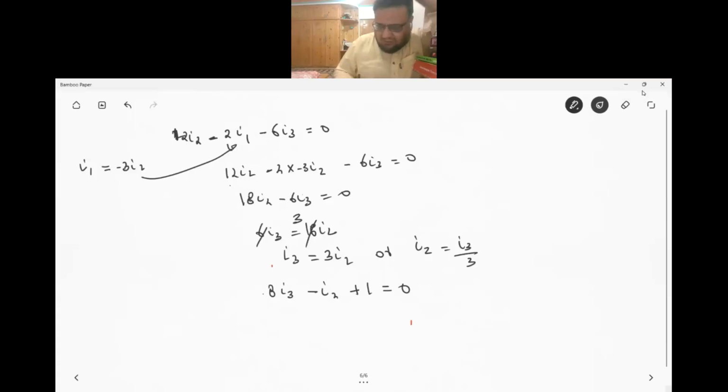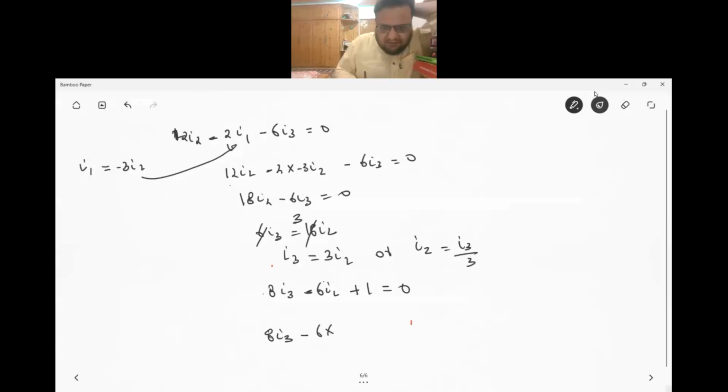So 8 I3 minus 6 into I2, where I put I2 as I3 by 3, plus 1 equals 0, right?